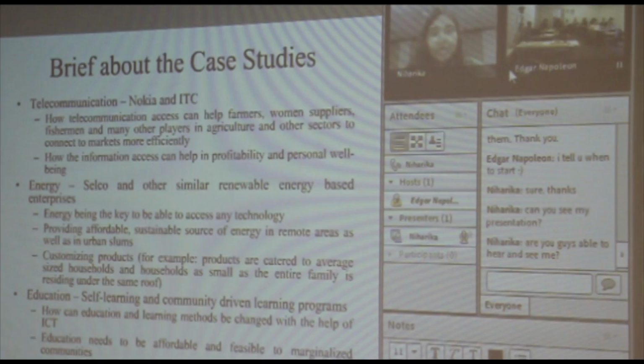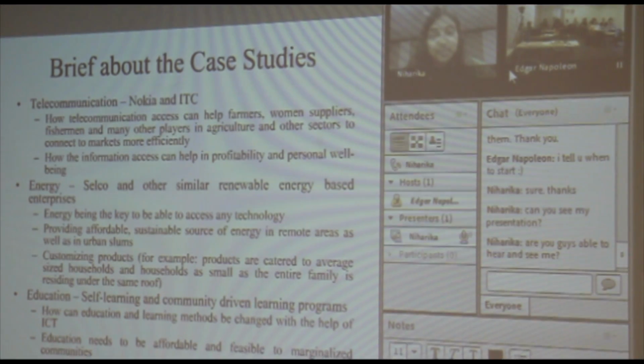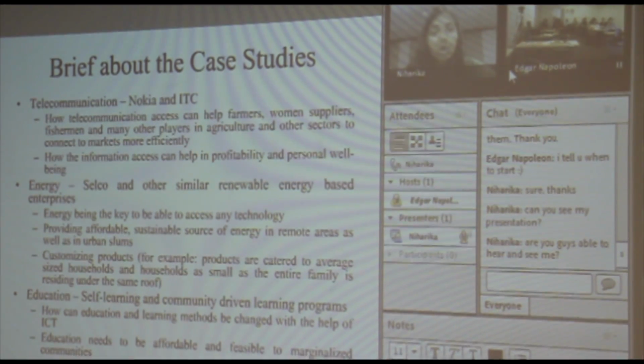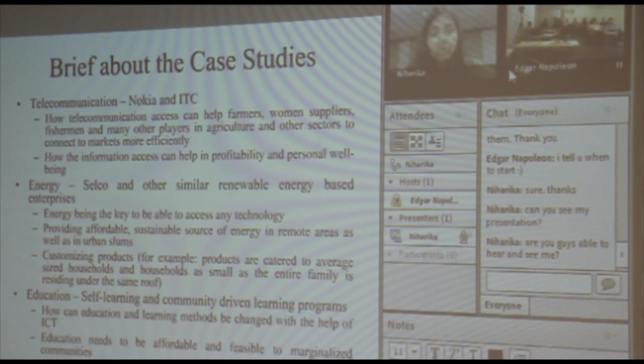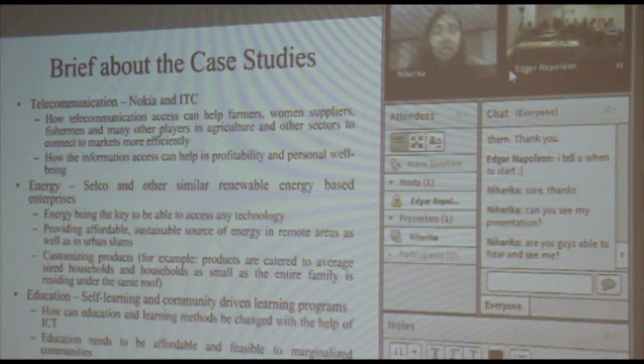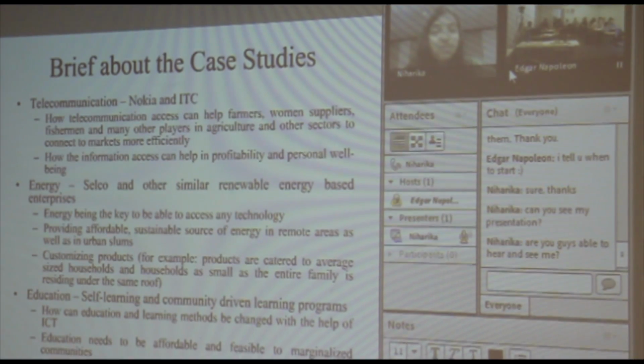We are also trying to see how they cater to the market. At a very low cost, they are able to customize their products and cater to households more effectively. This is of great interest for households that are not average but much smaller in size and need something very low budget. So how are these enterprises able to address their needs?